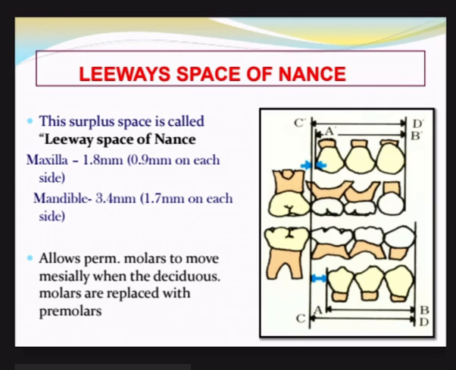Look at the blue marking, that is the extra space. That space will be utilized by the molars to come into class 1 molar relationship in your late mesial shift, that is when the primary tooth is replaced by its permanent successor. Got it? Is it clear? Please respond.